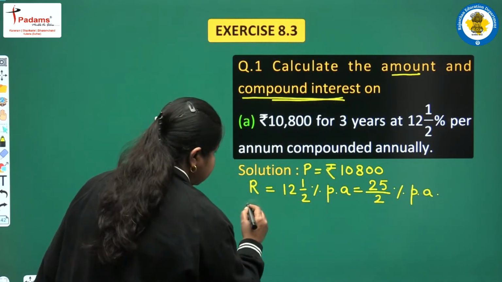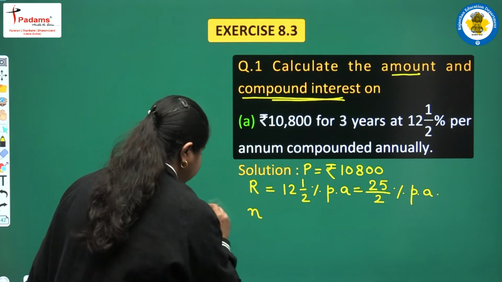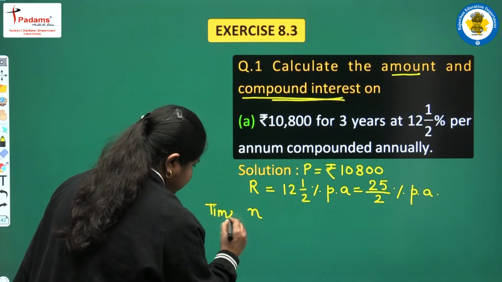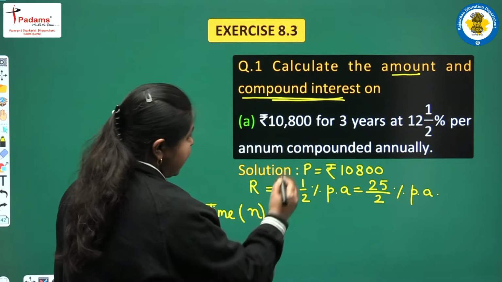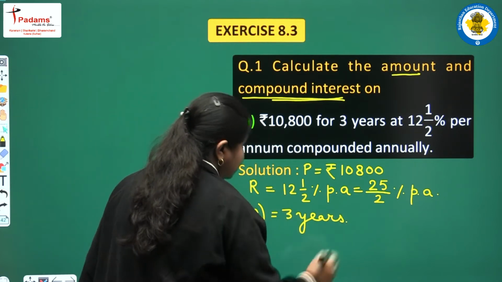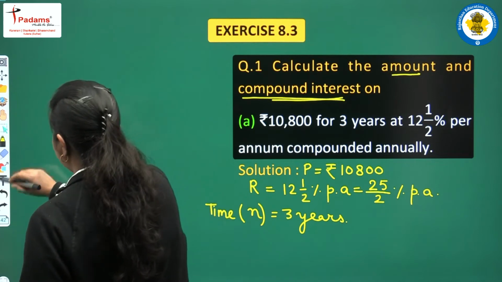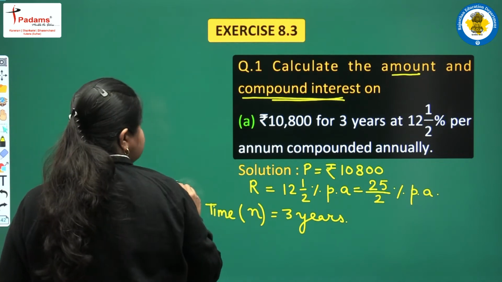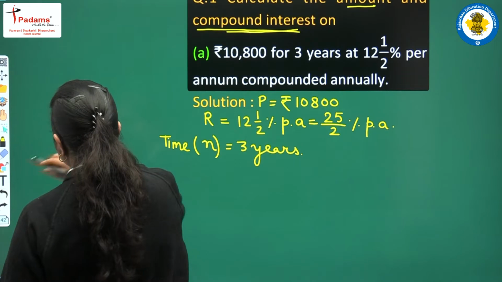Then the time, it is denoted by small n, and here it is given as 3 years. Now we have to find the amount also and the compound interest also. So we can use the formula now.